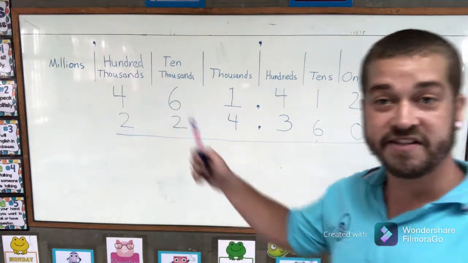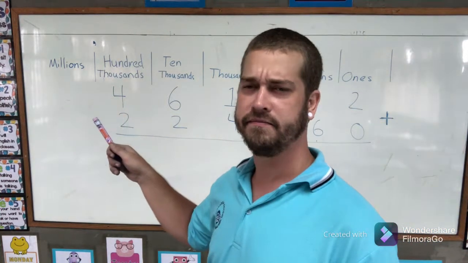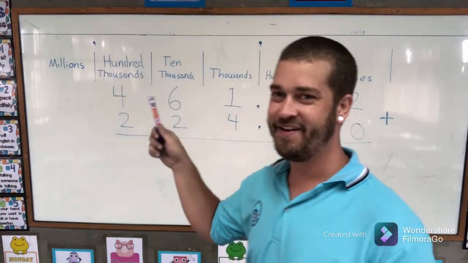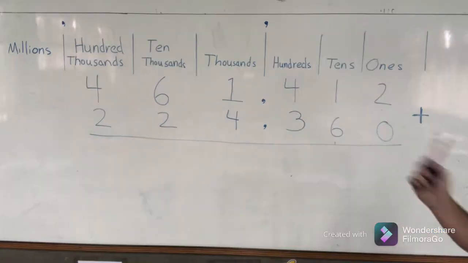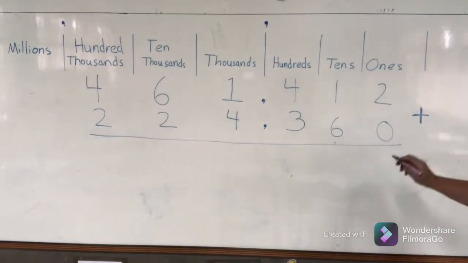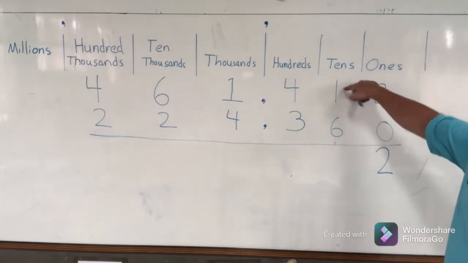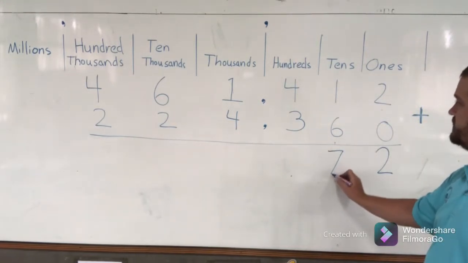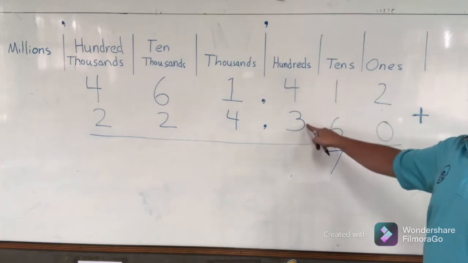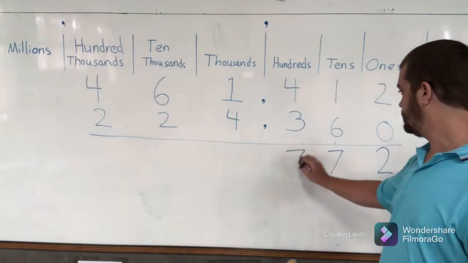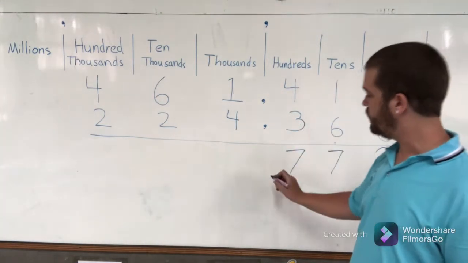So we're going to start over here on the left side. Wait a minute, always start with the small ones, okay? 2 plus 0 is 2. 6 plus 1 is 7. 4 plus 3 is 7. Don't forget your commas.